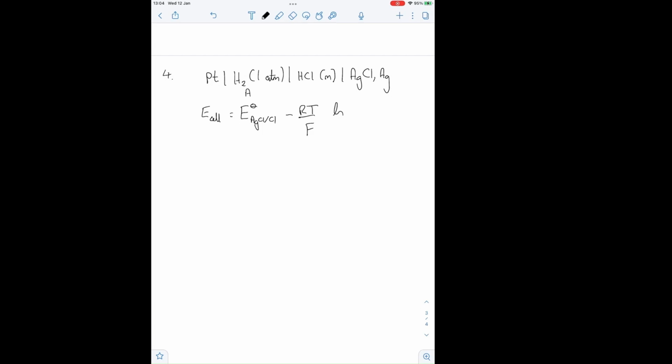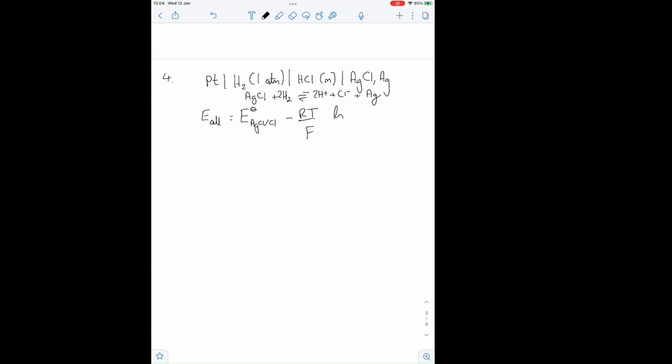AgCl plus H2 going to H plus Cl minus plus Ag. I've got that right. And is that balanced? No, I'm going to need two H pluses there.